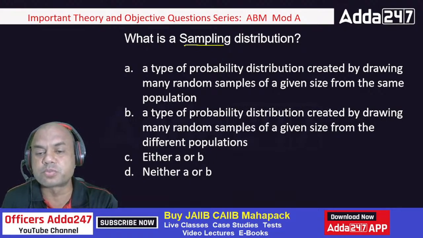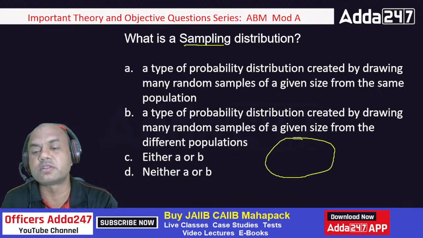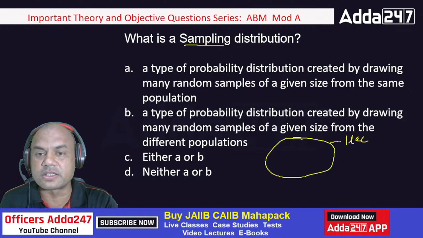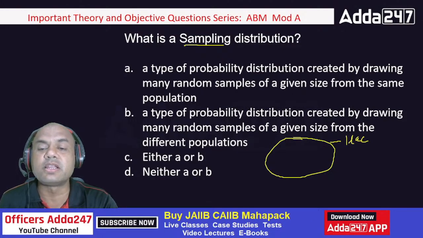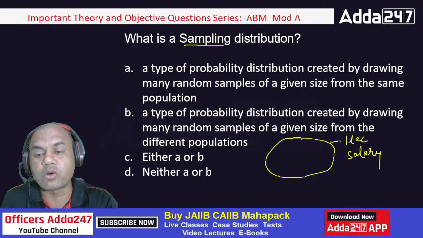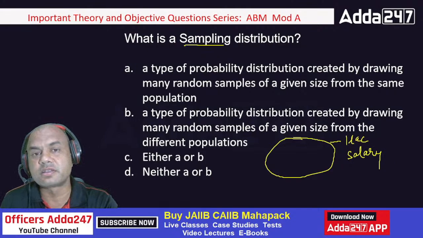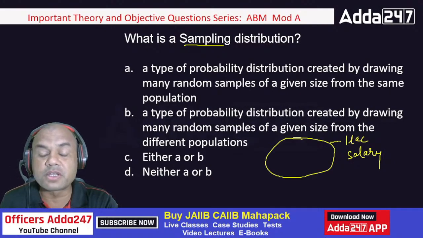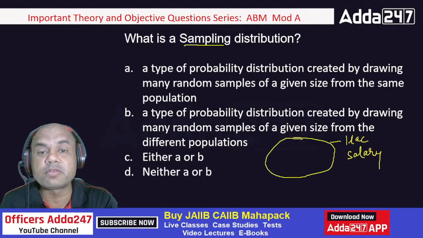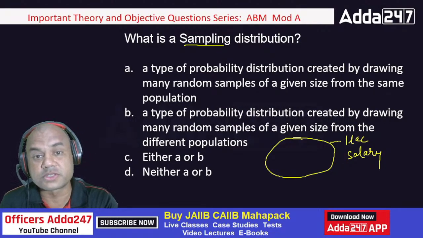Suppose there is a huge population, let's say 1 lakh people in a city, and I have to survey their salary. How will I survey? Should I contact all the 1 lakh persons in the city? But how much will it cost me? How many people will I require for surveying?